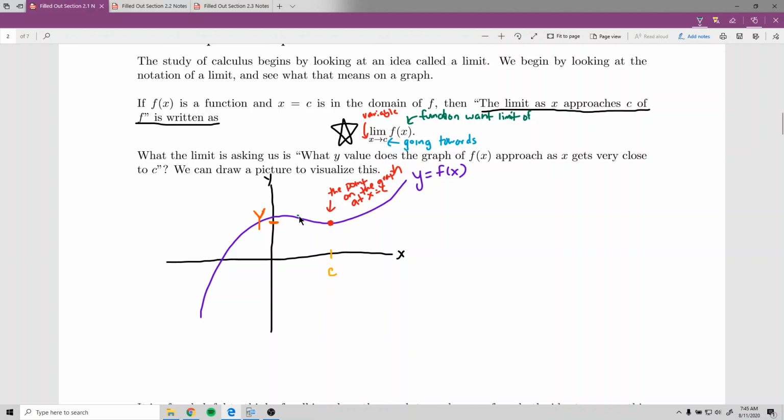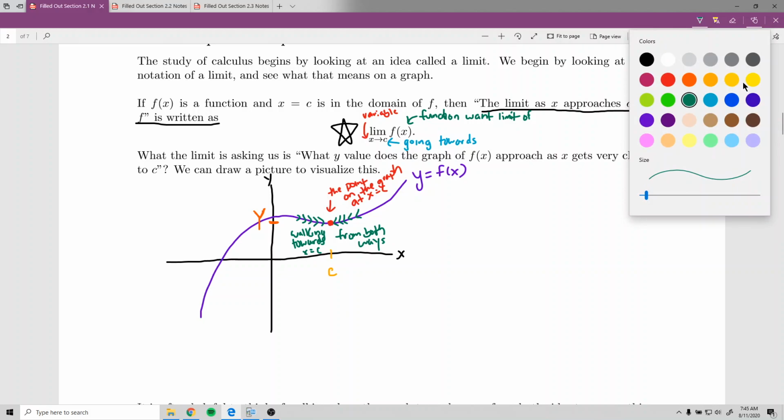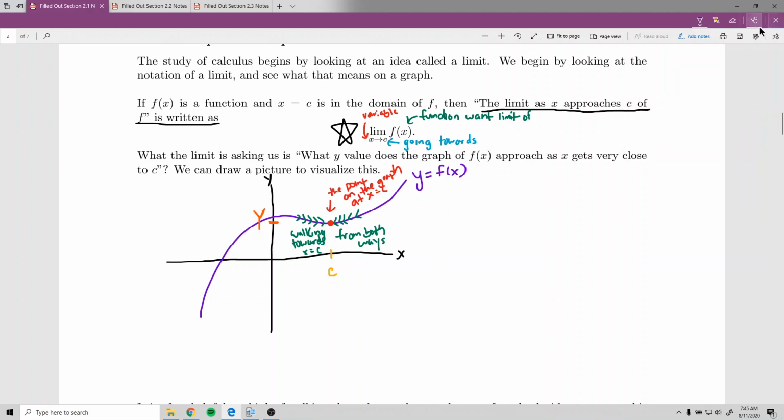So imagine you're walking towards x equals c on the graph. And you have to do it both ways, meaning we can walk towards x equals c from the left, we can walk towards x equals c from the right. And we want to answer the question, what y value are we walking towards?